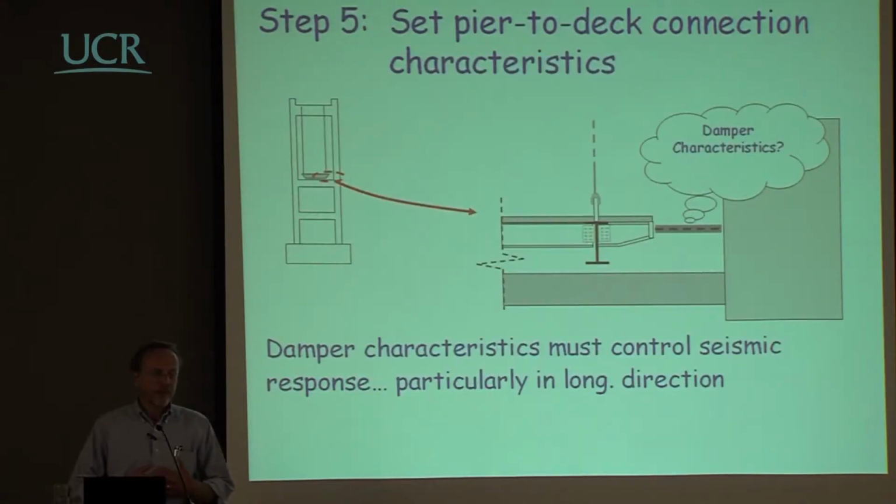Now we come to the real problem, and the problem is, are we going to have some connection between the deck and the piers, or the deck and the abutments? And here we really start with the seismic design, and here I don't think that there is any rational way of doing some preliminary design without starting from some displacement-based approach.